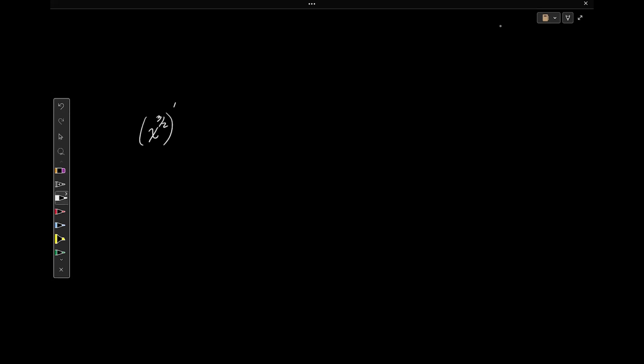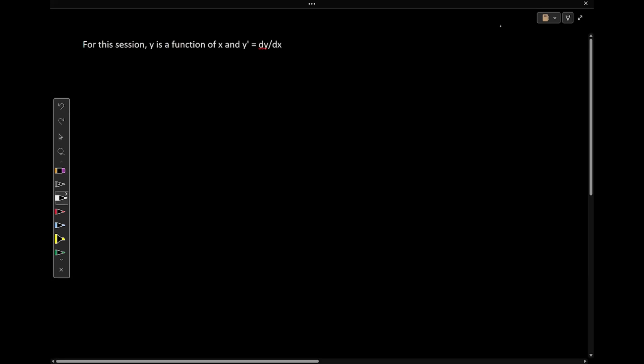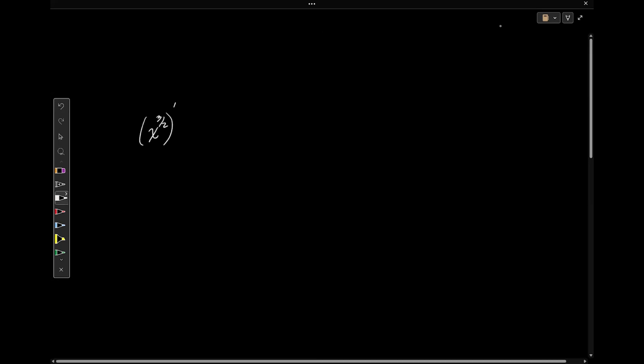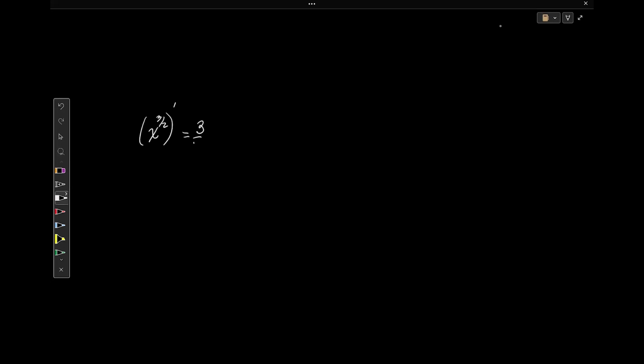Again, I look at my table and I just have an x to a power with 1 in front of it, a simple power rule with x in it. So this one will be 3/2 x to the power 3/2 minus 1, which is 1/2.